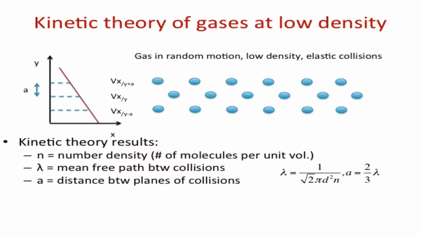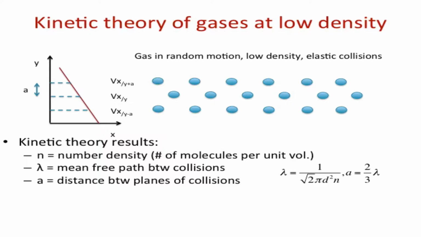So statistically, I have these molecules colliding, and the average distance between two collisions, so I collide here, and the next time I collide is here if I'm this molecule, that average distance for such behavior is called mean free path. So this mean free path depends on, of course, what is my number density, and it depends on the diameter of these balls.